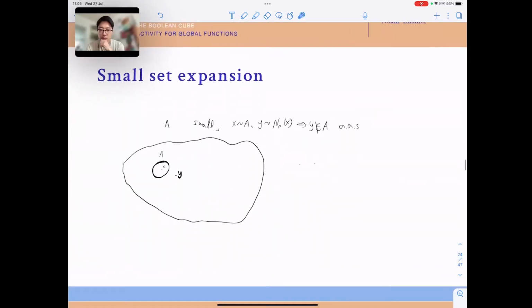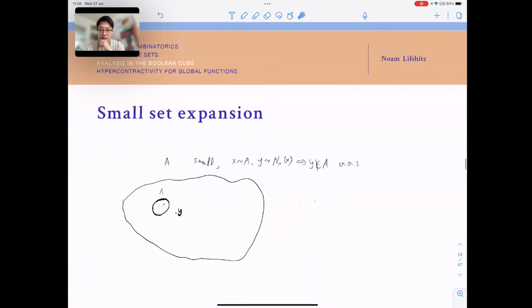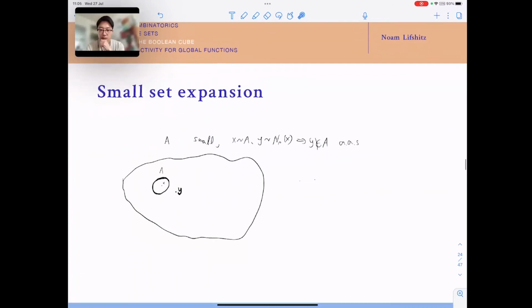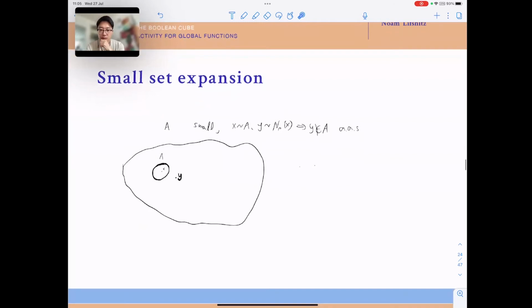Okay, so small set expansion is a property of the noise operator that's a sort of intuitive way to think about hypercontractivity. It's like a main consequence of it. So what is small set expansion?